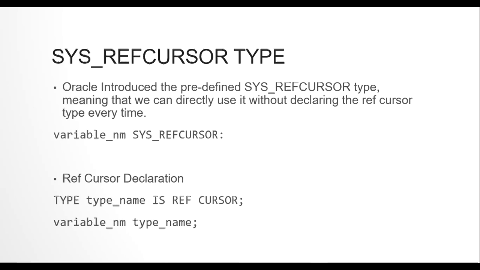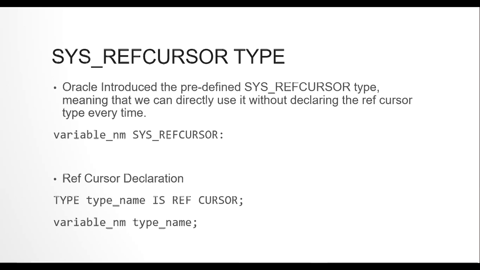Where are you going to get the type from? You cannot declare a reference cursor at the system level, at the database level, or at the package level. They need to be in a PL/SQL block or a function or procedure. So there's no way of declaring them outside that scope. So how can you give an out type of a reference cursor if there is no predefined type over there?